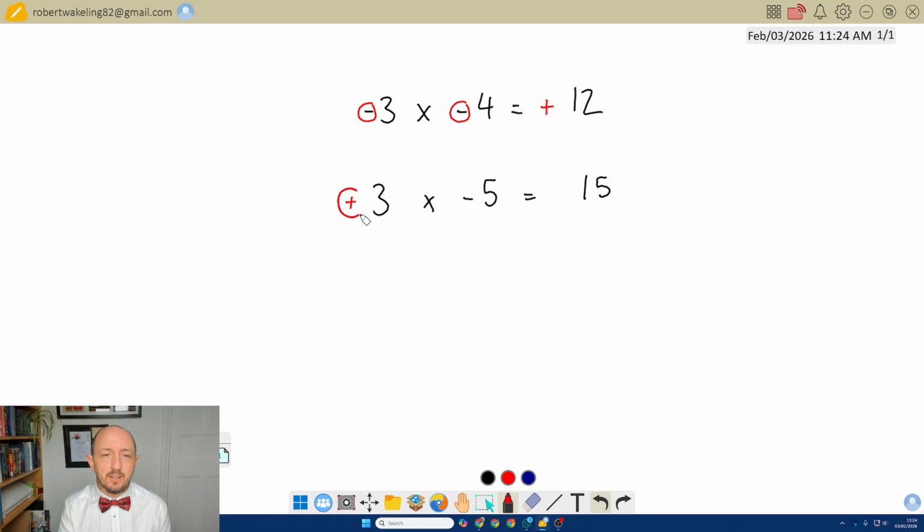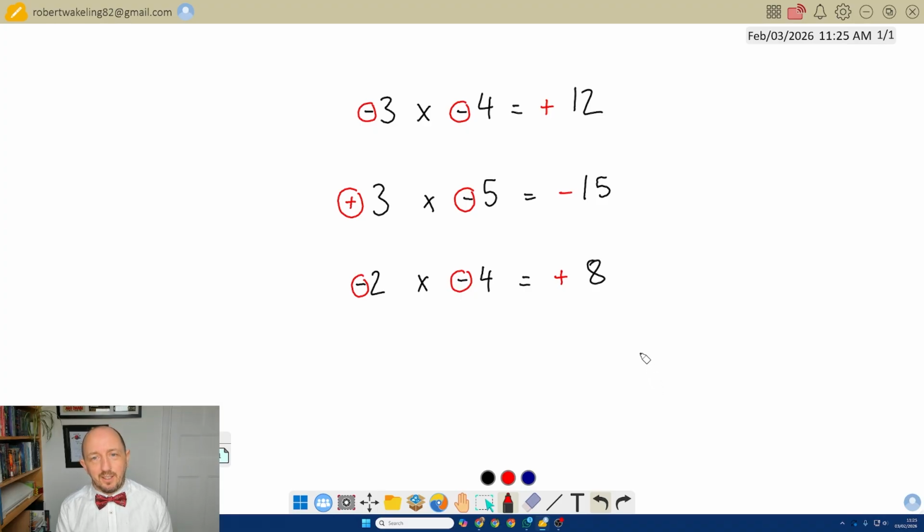So now we have plus times a minus is a minus. They're different signs, so they become negative. Okay, minus 2 times minus 4. Ignore the signs. 2 times 4 is 8. Then minus times a minus is a plus.